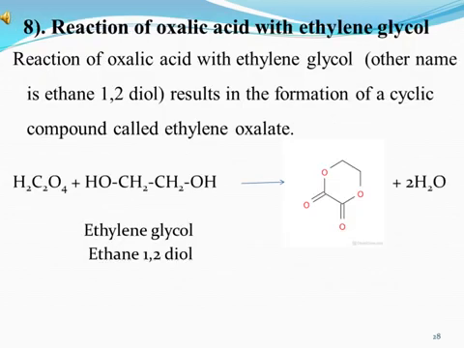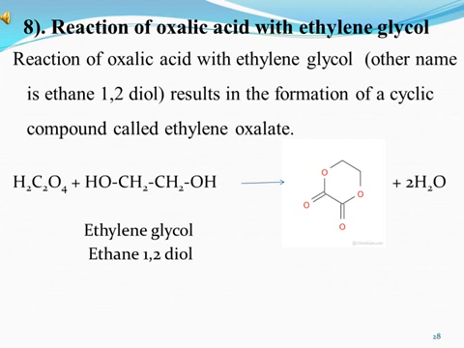Now we discuss the reaction of oxalic acid with ethylene glycol. The other name of ethylene glycol is ethane 1,2-diol. The reaction results in the formation of a cyclic compound called ethylene oxalate.